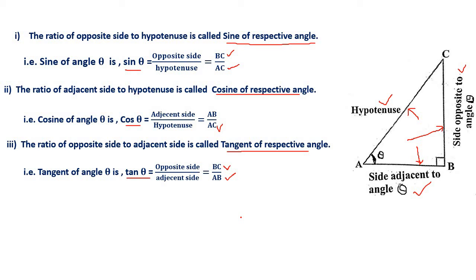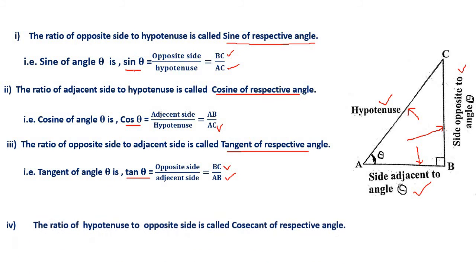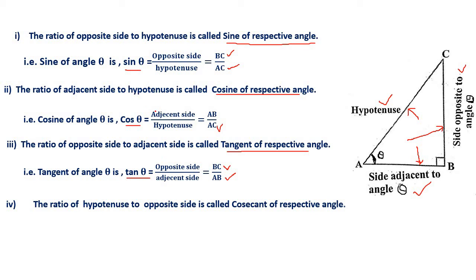Next, let us move to the remaining three ratios, which are reciprocals. The fourth ratio is the hypotenuse to the opposite, which is called the cosecant of the respective angle. Cosecant is the reciprocal of sine, so cosecant theta is hypotenuse divided by opposite.